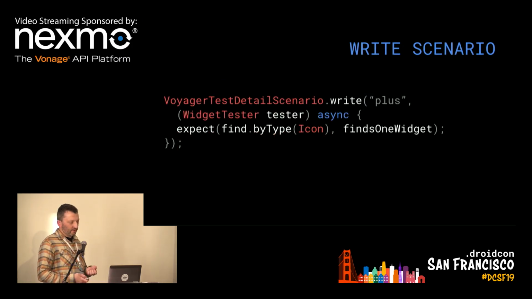The test scenario also comes with a pre-generated helper that helps you to write the tests properly, passing a parameter. And you have a widget tester with which you can do standard UI assertions about the state of the screen.